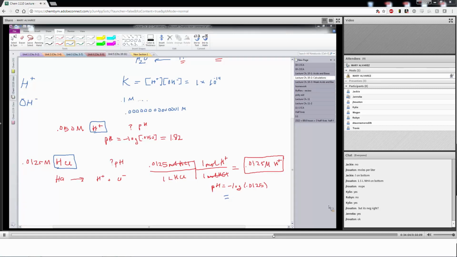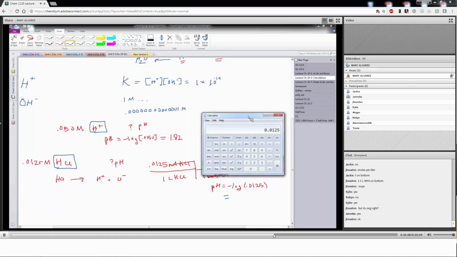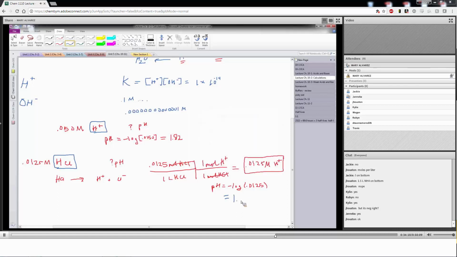I haven't done the math yet, but I can, and let's make sure you guys get my same answer. 0.0125 negative log gives me a pH of 1.90. Any questions on that?